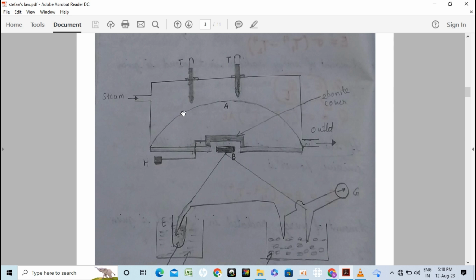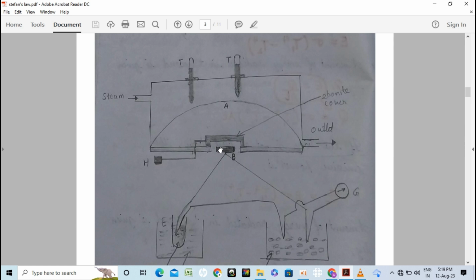After some time, this hemispherical metallic vessel reaches steady state condition. The temperature readings of both the thermometers will remain constant and the same with time. And the lamp black now acts as a black body radiator. It emits radiations. After reaching the steady state, this ebonite cover is slightly tilted, so these radiations will fall onto the upper surface of the silver disc B.